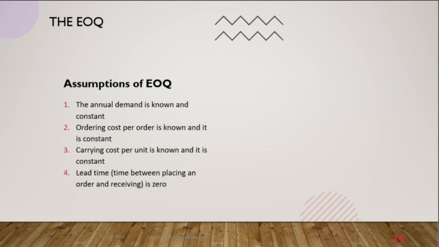This is called instantaneous replenishment, which means as soon as you finish the last material or the last product in your warehouse, you instantaneously receive another supply, which means there is no gap between supply and when you order.